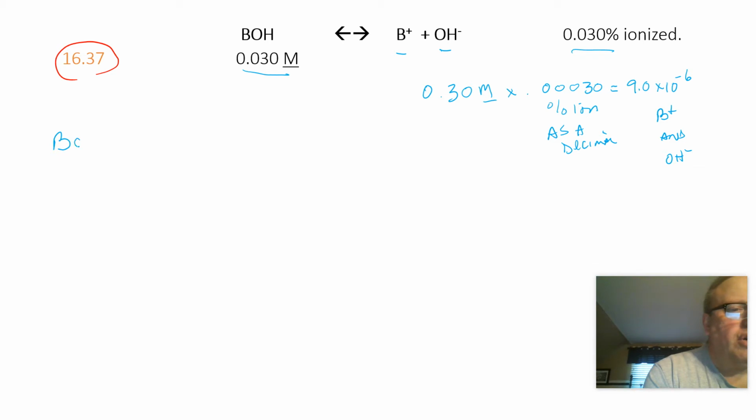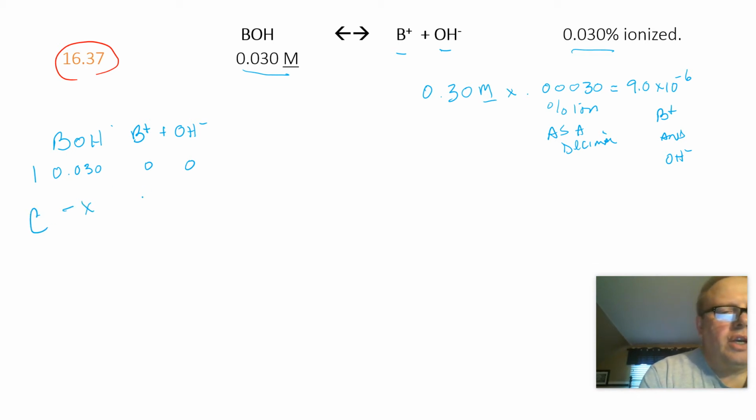We're going to have our non-dissociated base, our conjugate acid, and then our conjugate base here. So here we go. Initial is 0.030. The initial on these guys is going to be nothing and nothing. The change on this is going to be a negative x, and on both of these it's going to be a plus x.